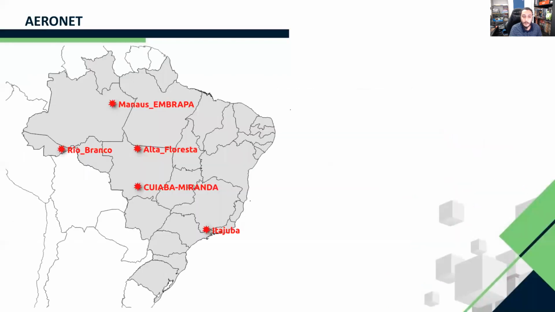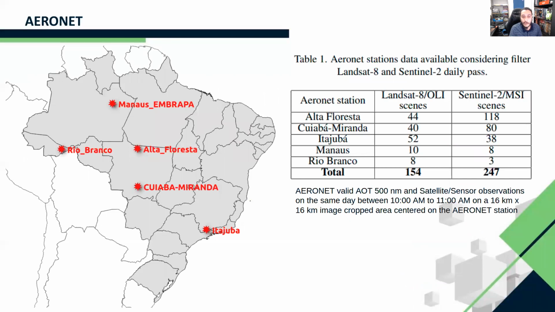et al. So first, we needed to generate our reference, which would be used to compare the generated products. In order to do that, we searched for the AERONET stations over Brazil and decided to use 5 stations distributed over the country. With that, we acquired a few more than 400 Landsat and Sentinel-2 images.